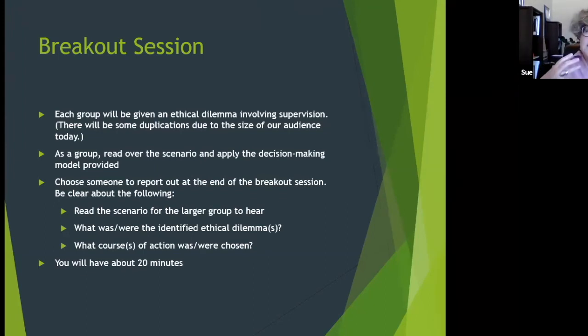So it'll be interesting to hear the different facets. Because one of the things that's also true about ethical dilemmas or those thorny dilemmas is there can be several ways to resolve it in a healthy, helpful way that may be slightly different from the way somebody else resolves it.